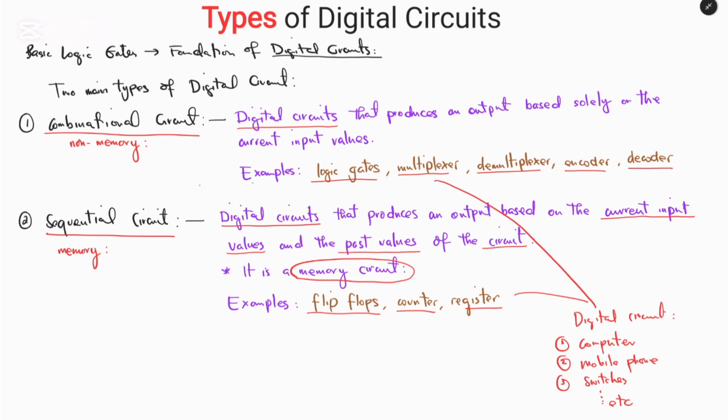When we put combinational circuits and sequential circuits together, they form a digital circuit. We call it a device.